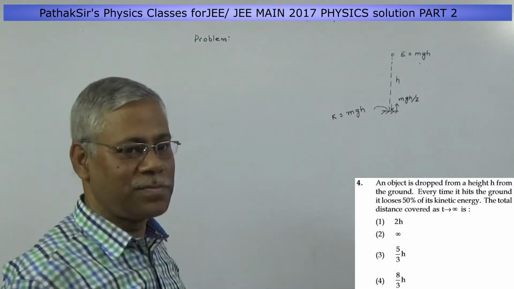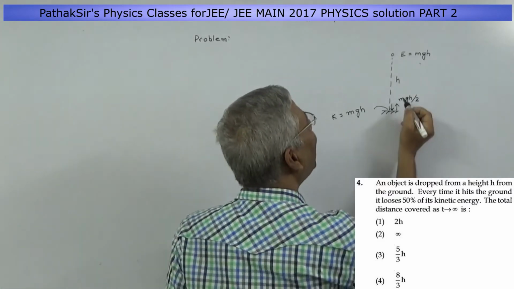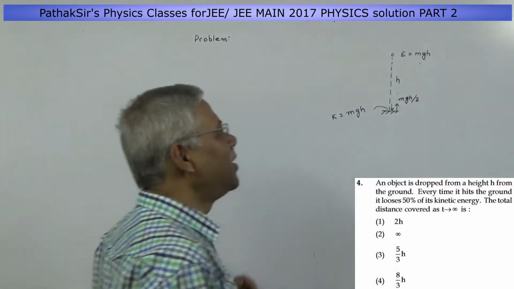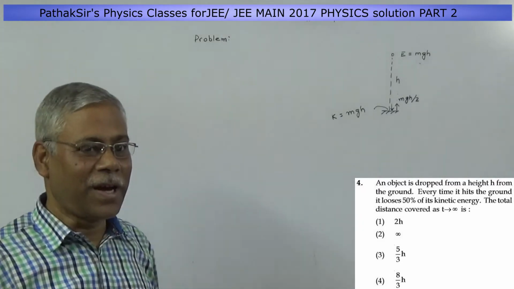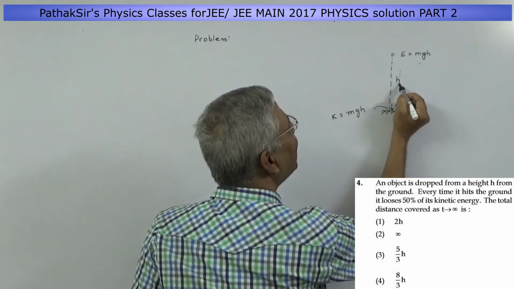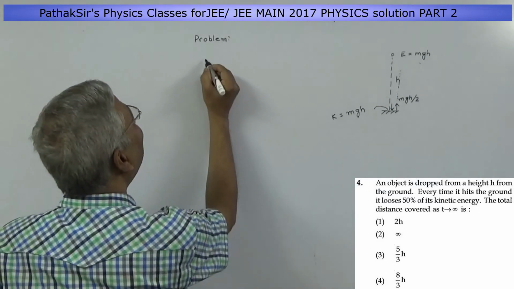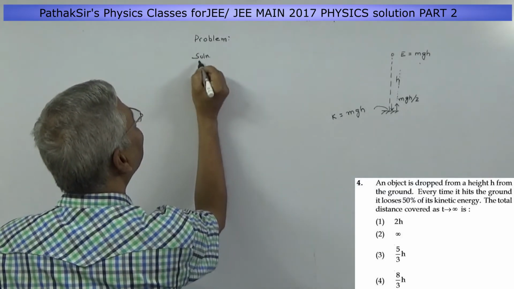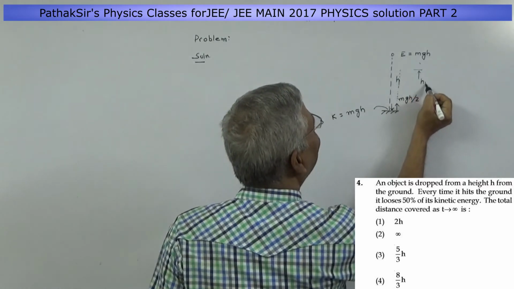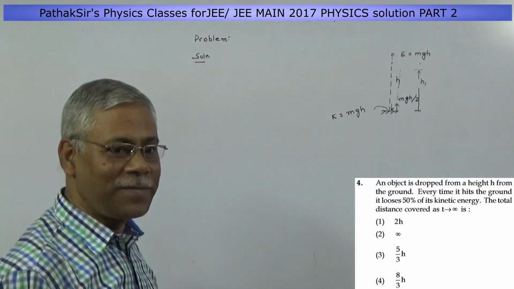After the collision the energy is mgh by 2, and this will be in the form of kinetic energy. Suppose the height to which it rises is h1. We can easily calculate h1.